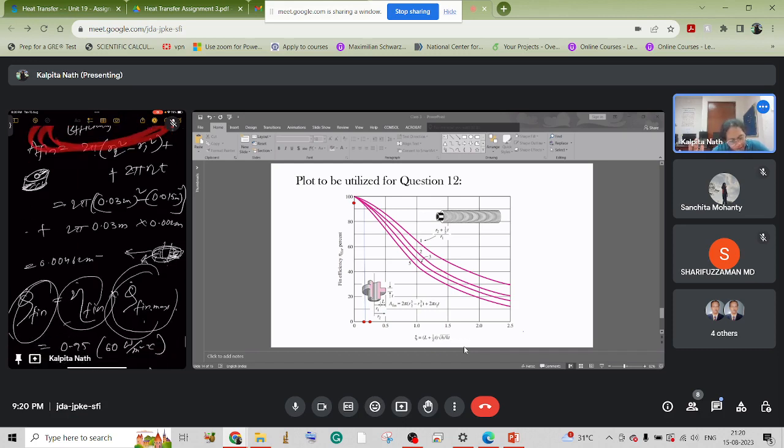Now, for finding the heat transfer for the finned case, first we need to find the area of the fin, and there will be two cases: one is the spacing between the fins, and the other is the fin.